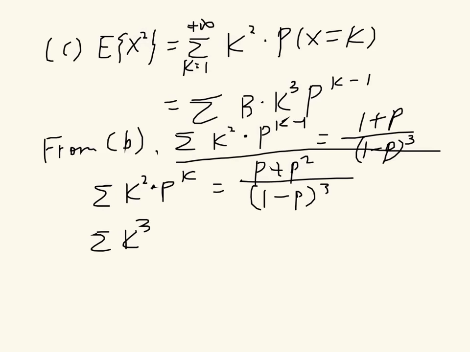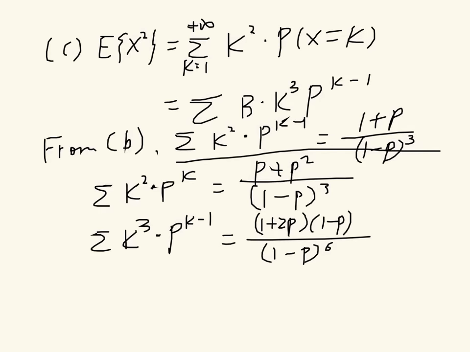The sum of k cubed times p to the power k minus 1 is equal to [(1 minus p) to the power 3 times (1 plus 2p) minus (p plus p squared) times (minus 3)(1 minus p) squared] over (1 minus p) to the power 6.